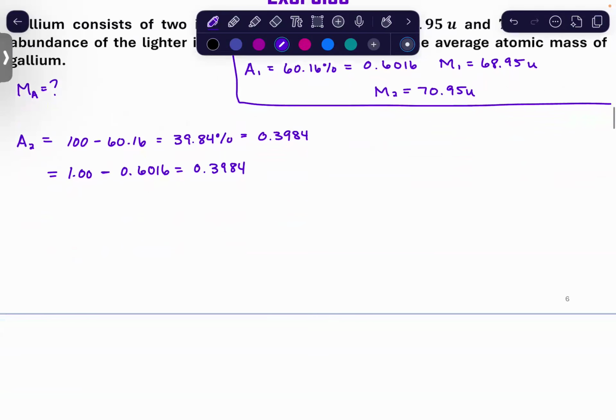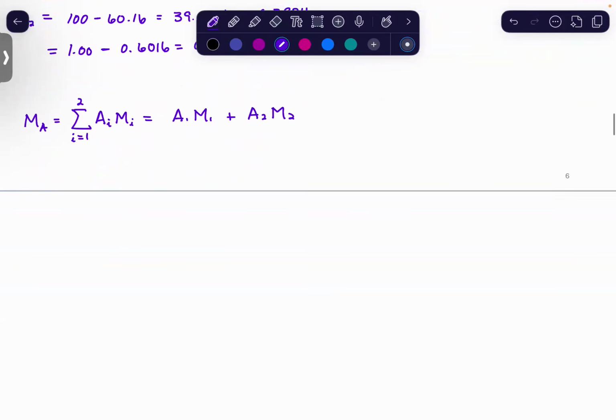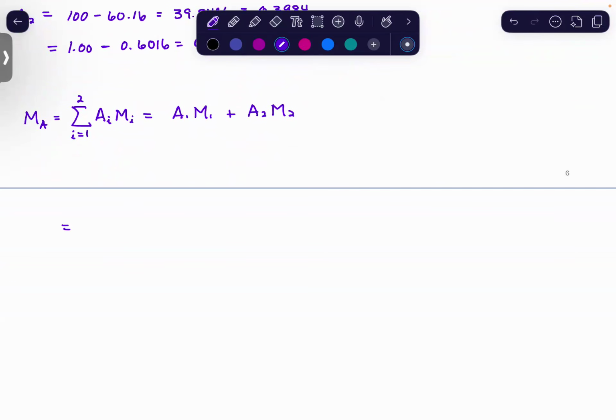Now, we're going to go to the equation we need to fill out. There's only two isotopes of gallium, so the sum is from 1 to 2: abundance times mass. This is going to be abundance 1 times mass 1 plus abundance 2 times mass 2. Now for us, abundance 1 is 0.6016.